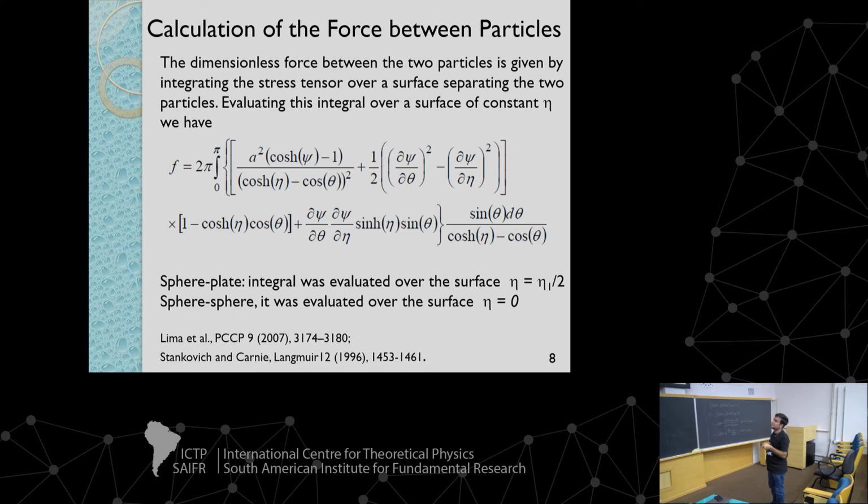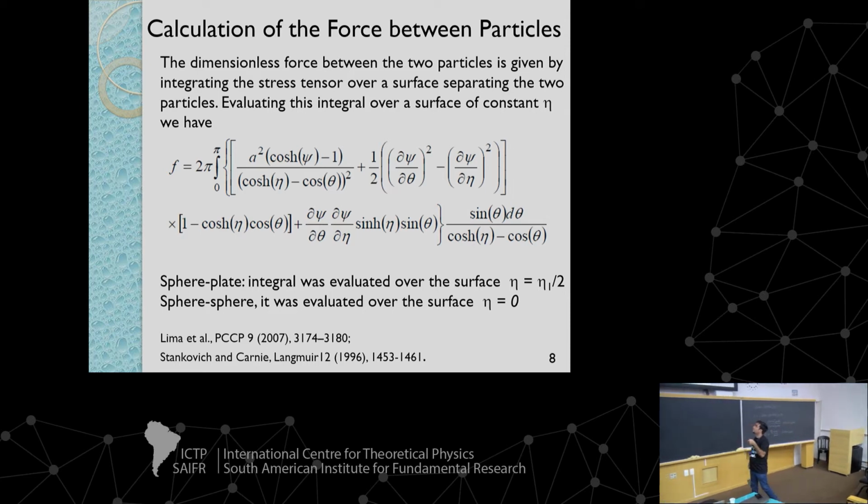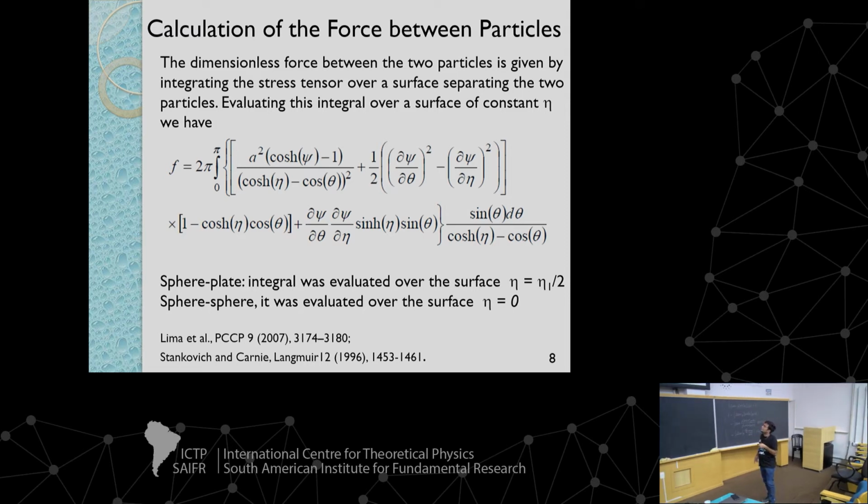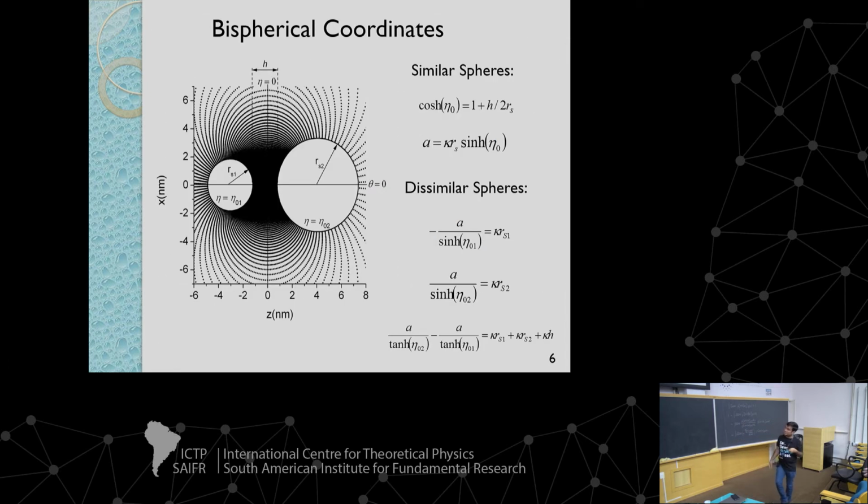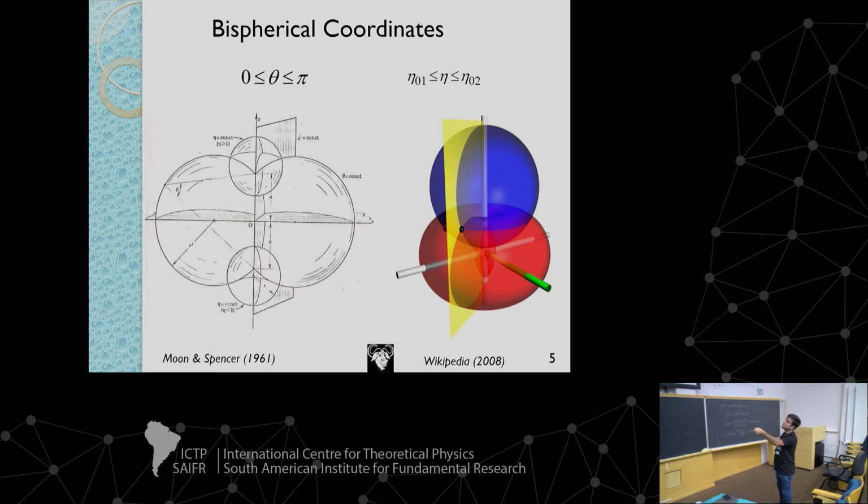Okay, so for a sphere and a plate, we do the integral over the surface eta equal to eta 1 over 2. Remember that in this case, eta goes from 0 to eta 1. So it's a kind of mid-distance. And for a sphere geometry, we evaluate at eta equal to 0, just returning here. Eta equal to 0 is this plane. Okay.